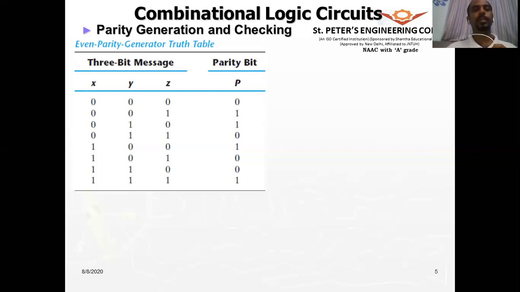So this is one very simple way of checking for error, just making sure that there are always an even number of ones. Of course, if the parity bit itself is corrupted, then this scheme of checking will fail. So this is a very simple application. There are much more advanced versions that we use in communications now.